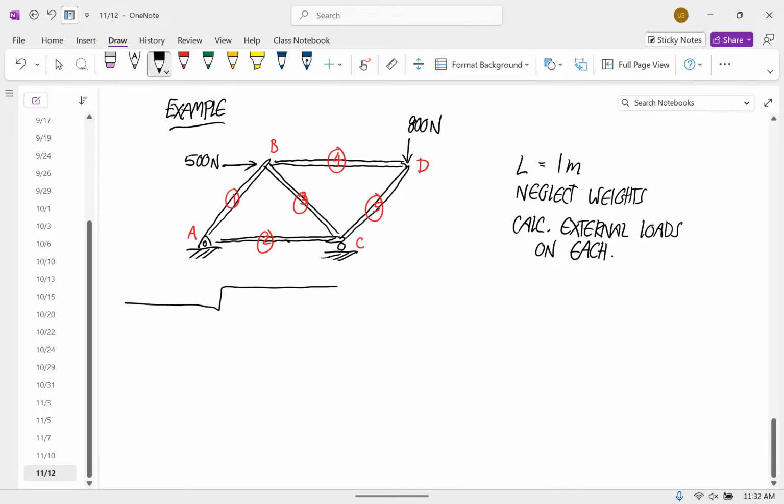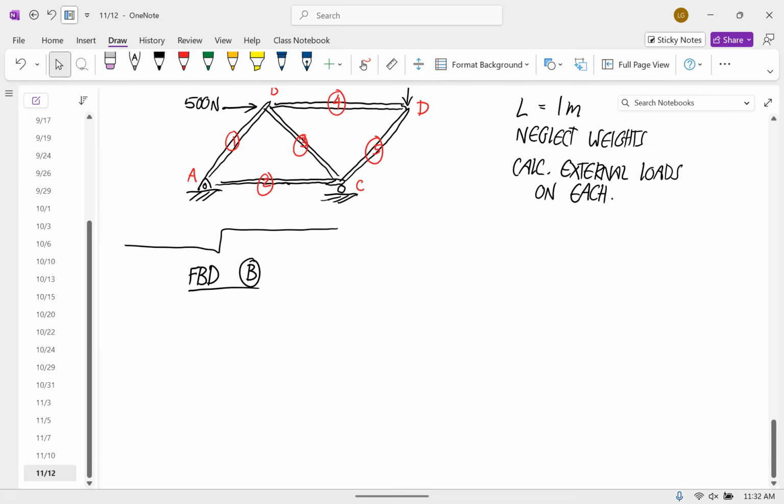Okay. I'm going to start with a free body diagram of B. We have the 500 Newton force. We have F1, F3, and F4.